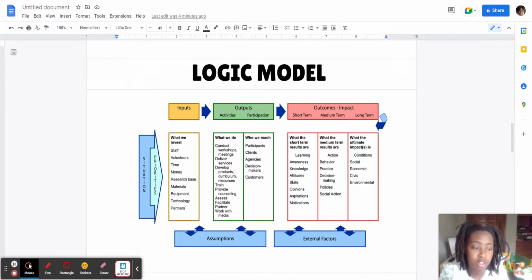So, say you hosted a workshop for students to help them enroll into high school. And so you might put in your inputs, your outputs, and your outcomes, and then you might see that you didn't really service or have any opportunities for Spanish speaking students or families to get the help that they needed.